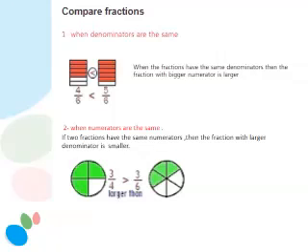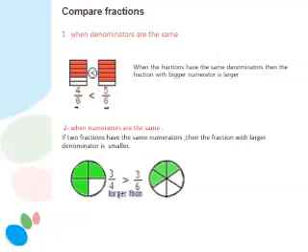Now we will start our last objective, which is comparing fractions. I think you already learned this before in grade 4, but I'm going to remind you. When the denominators of the two fractions are the same, we call them like fractions.